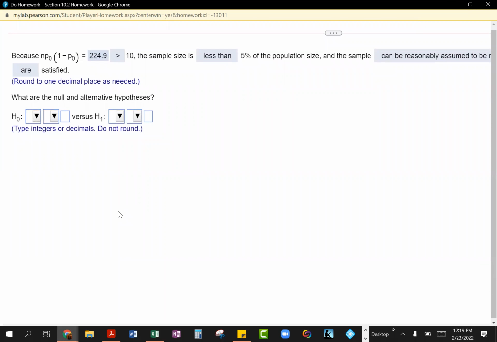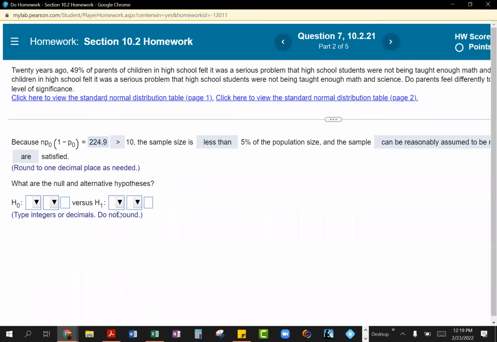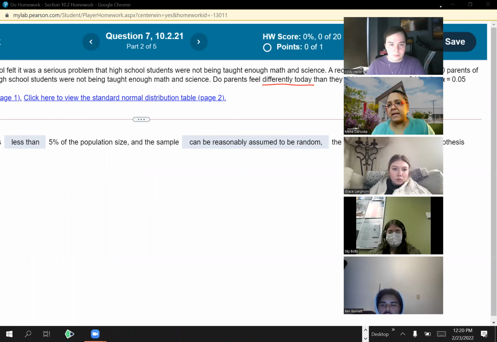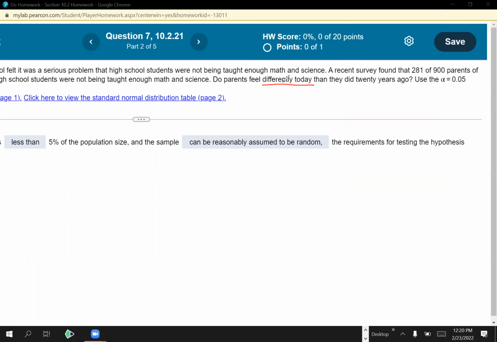Now we're getting into the null and alternative hypotheses. In this case, the question they're asking us is very generic because they are saying, do the parents feel differently today? They're not saying, has the probability gone up? Has the probability gone down? There's no discussion of that. They're just saying, do parents feel differently today?